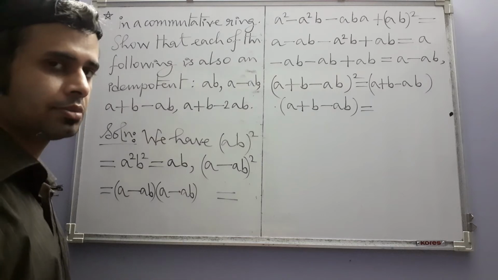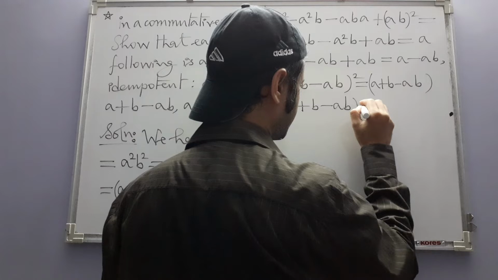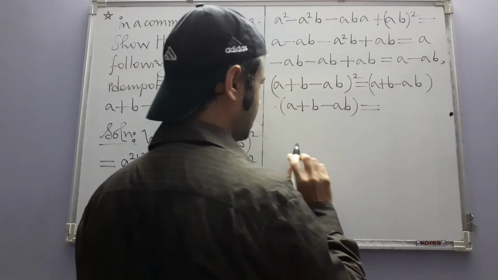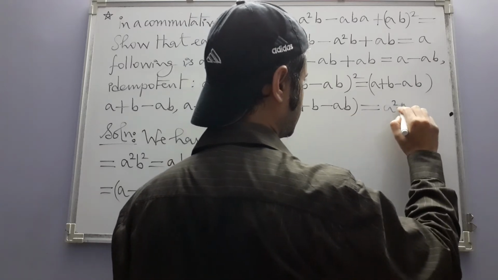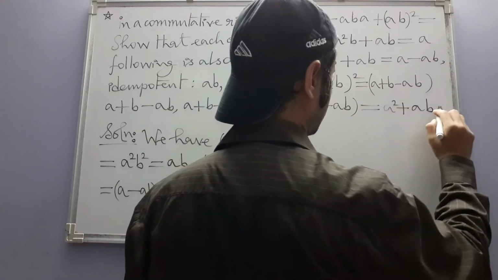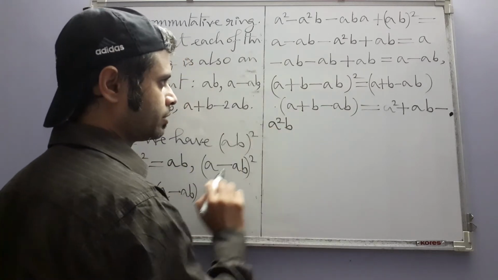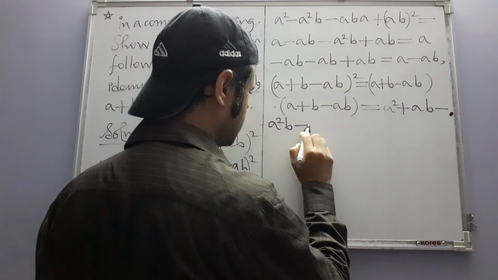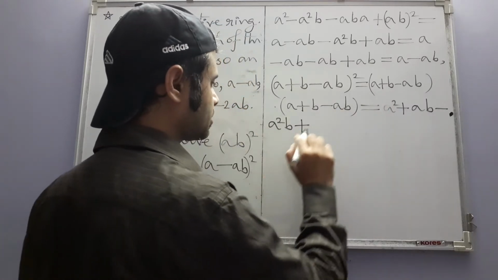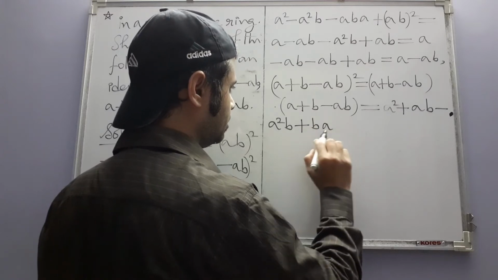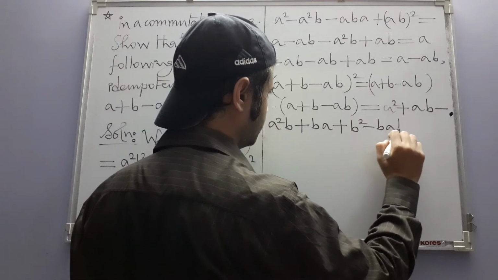That side should also be maintained, although we are given that the ring is commutative, but in the beginning we do not assume commutativity. A square plus AB minus A square B. Then we do that with B from the left side, so we write BA plus B square minus BAB.